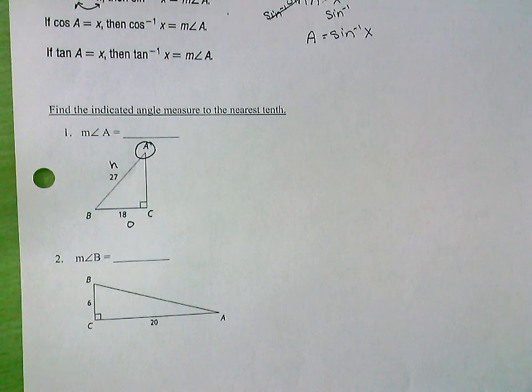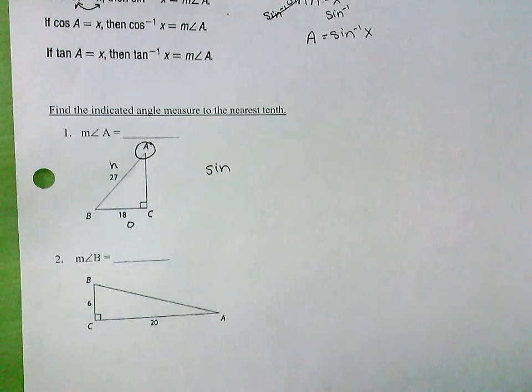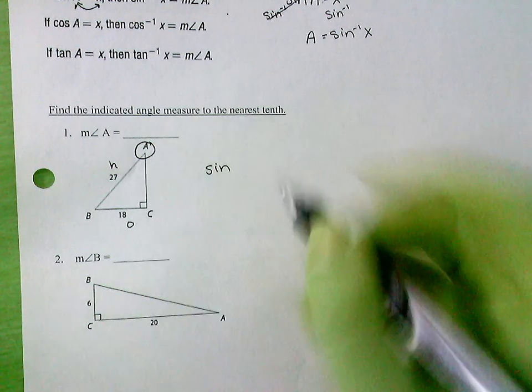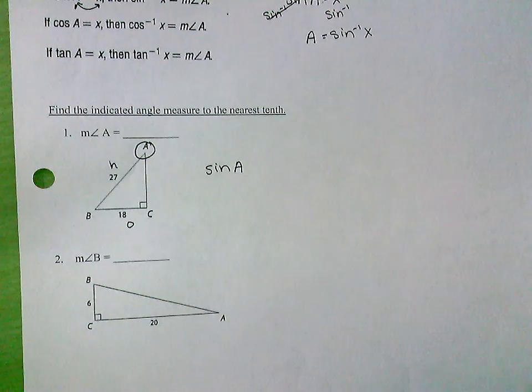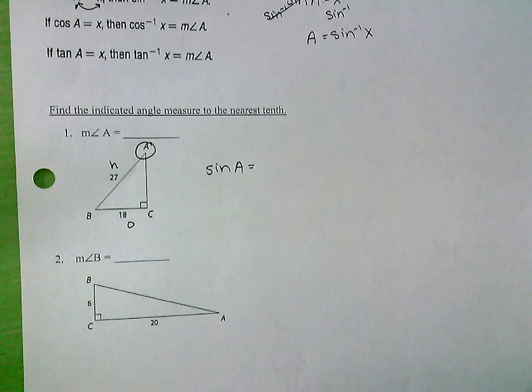I'm using SOHCAHTOA on my left-hand board over there. That is sine. So I'm going to use sine. From this angle here, that's angle A, that's my variable. I don't know what it is. It is equal to that ratio of sides.